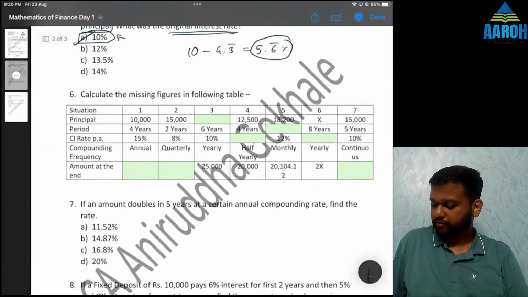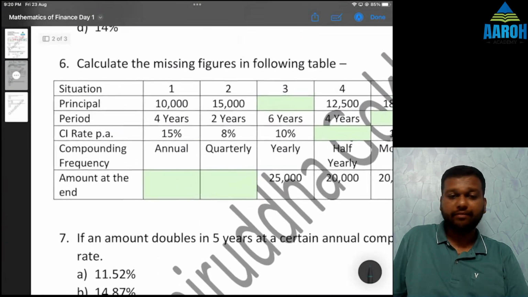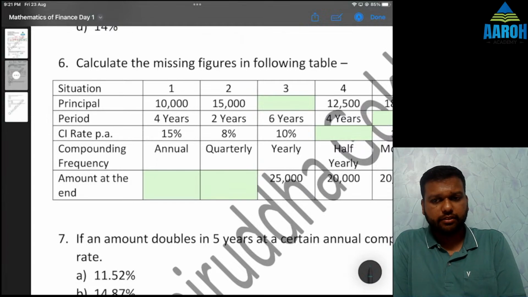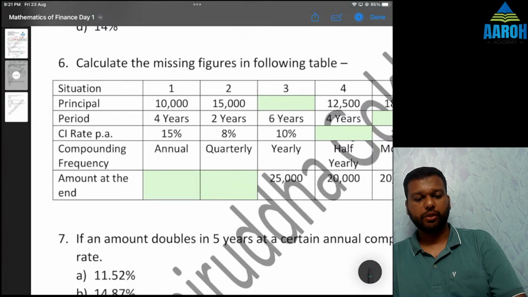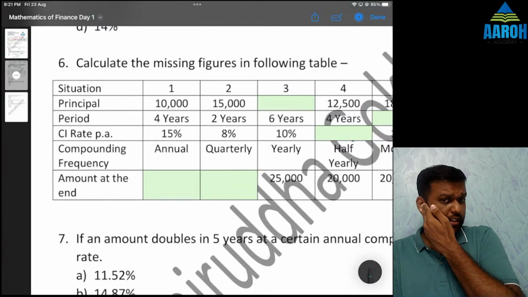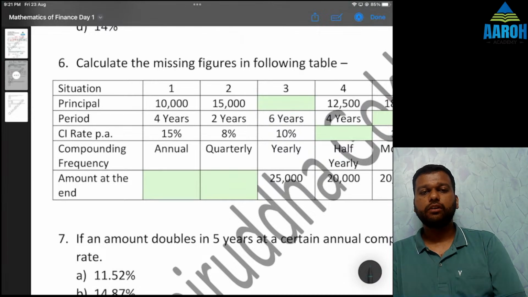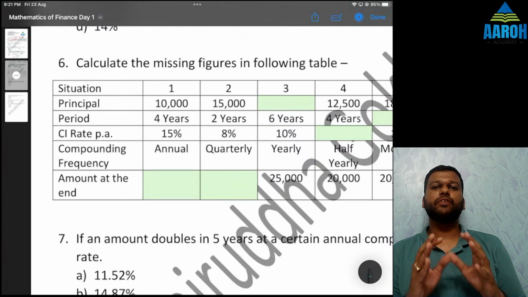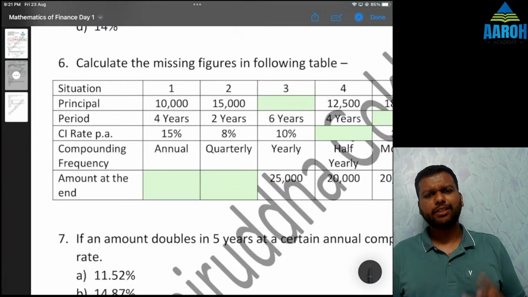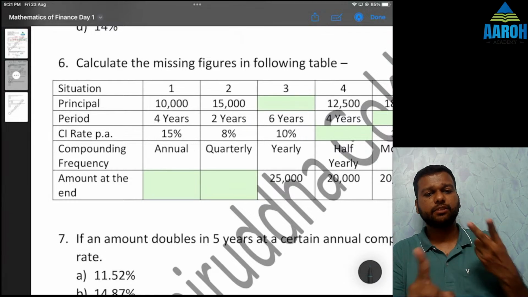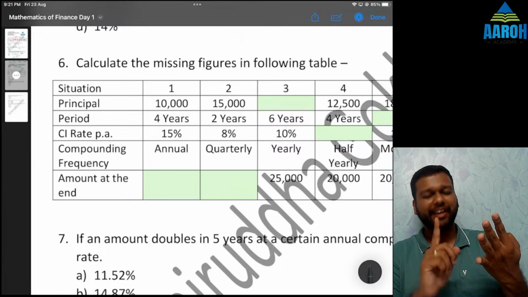Similar to yesterday, I have designed a few difficult questions. In simple interest, we saw we can get only a limited type of question: P is missing, N is missing, I is missing, or A is missing.